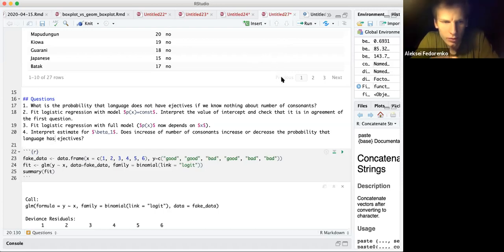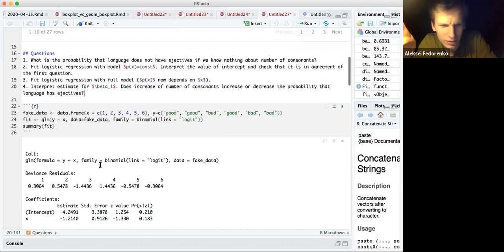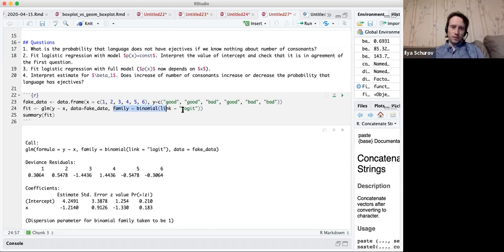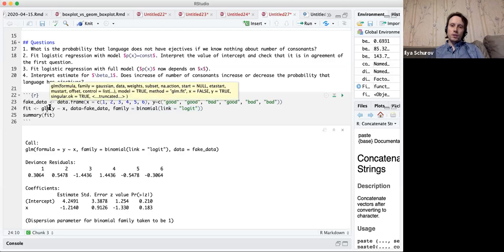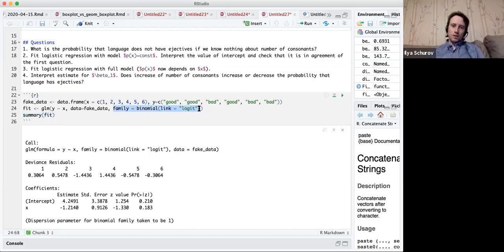Can I ask about this parameter, family equal to binomial, and link? Well, actually, this function GLM can do not only logistic regression, but some other types of regressions. And this is some magic string that says that we need logistic regression.